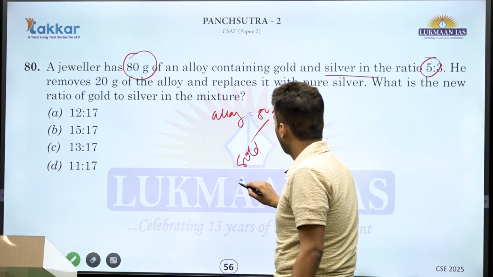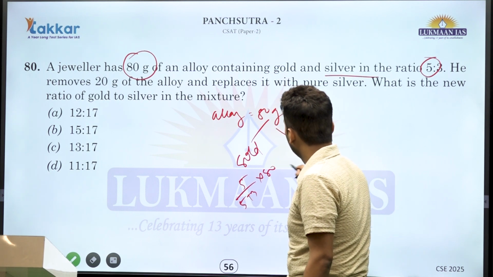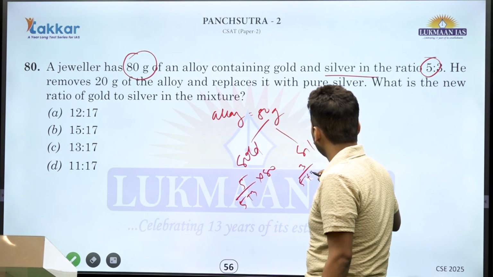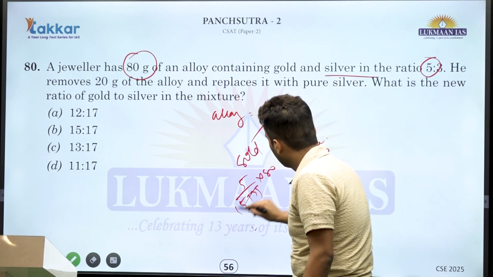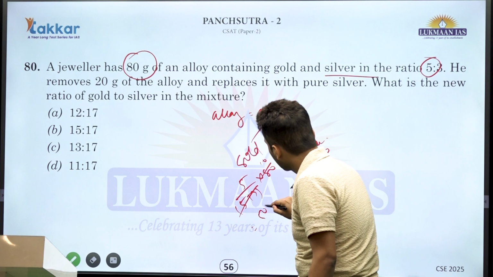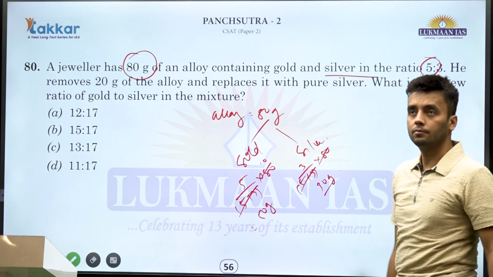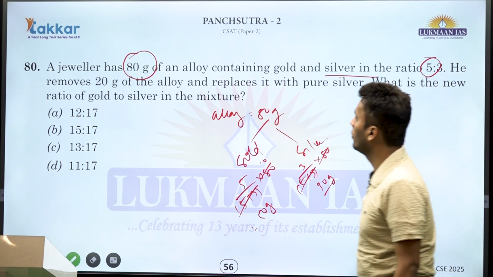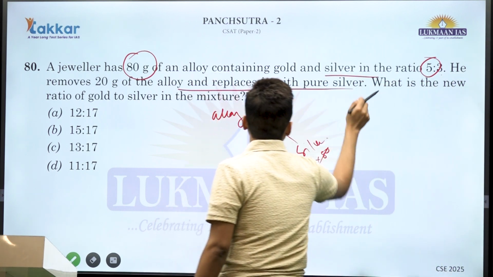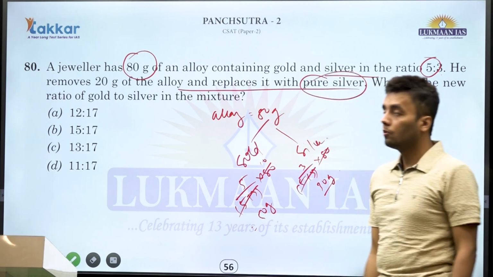That is 5 by 8 times of 80, and 3 by 8 times of 80, which is 50 grams of gold and 30 grams of silver. He wants to remove 20 grams of the alloy and replace it with pure silver. So he removes 20 grams.